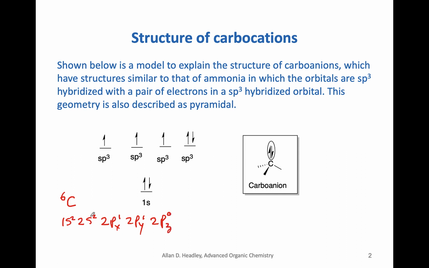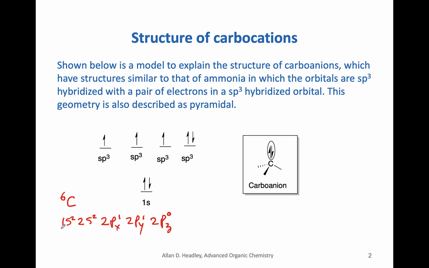So we have 2, 4, and 6. Of course, since the 2p orbitals are degenerate, these 2 electrons here could be in any of the 3 2p orbitals. To explain the observations that are made experimentally about carbanions, this model is used.